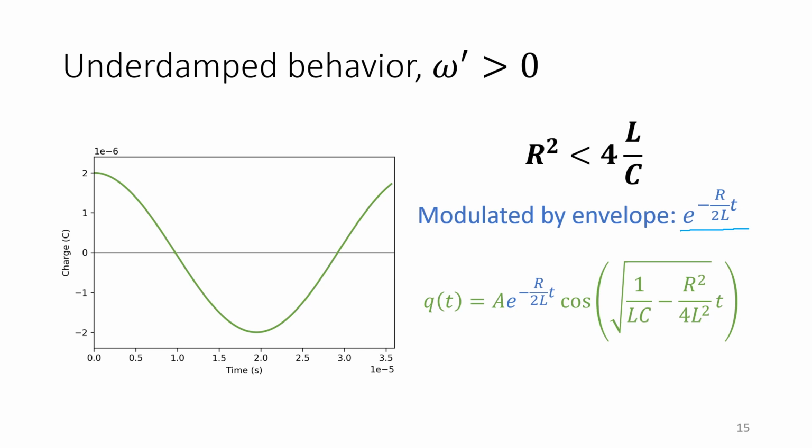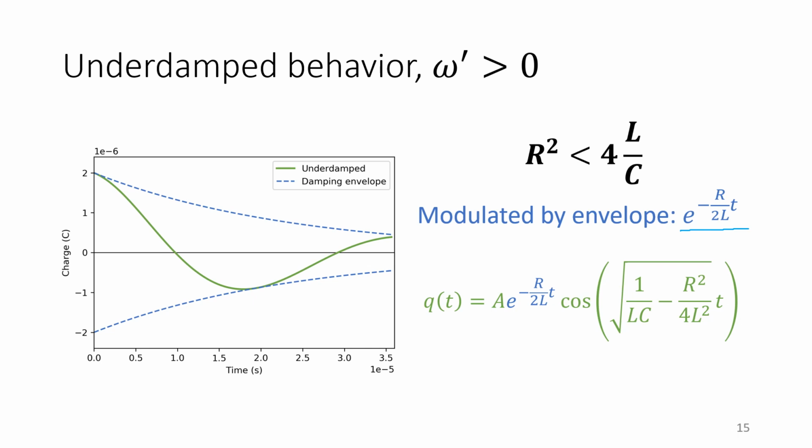If you recall, this envelope will probably look something like this. And I can expect that if you multiply this with your oscillation, you'll end up having an oscillation that shrinks with time. Now, the oscillation frequency won't change, it's just the amplitude that will.